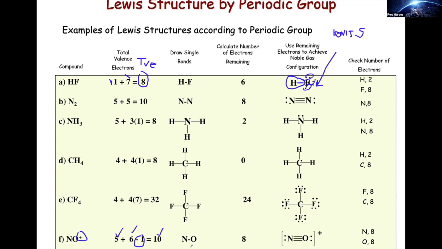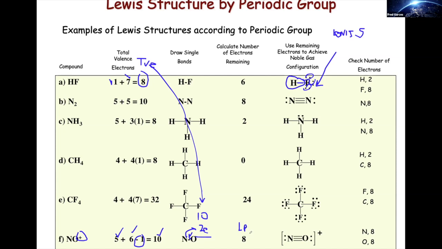The nitrogen and the oxygen also bond with each other. This is 1 bond, which is 2 electrons. So if we take the 10 electrons that we know is the total valence electrons, and we subtract the number of electrons in the bonding, the remaining electrons are called the lone pairs.